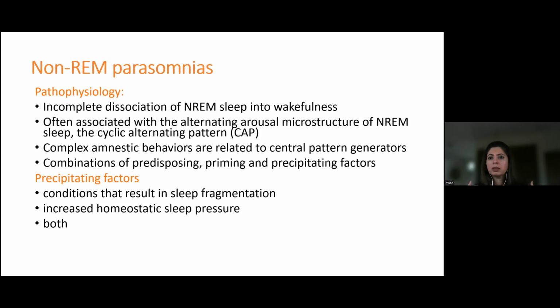They are located subcortically. Again, this is a little more in depth, but coming back to the easiest way to wrap our heads around it: there is incomplete dissociation from one stage of non-REM into wakefulness.